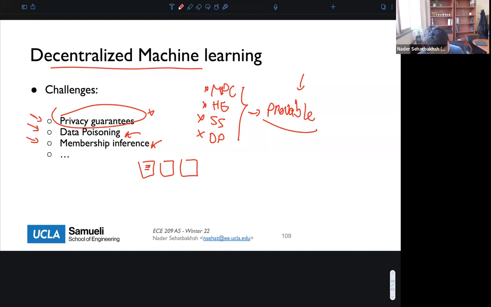Since decentralized machine learning is naturally reading inputs from different users, maybe one user can very simply just send out poisonous data. So the opportunity for conducting poisoning attacks in federated learning is much higher than in normal centralized systems, because essentially the input records are coming from multiple different instances.